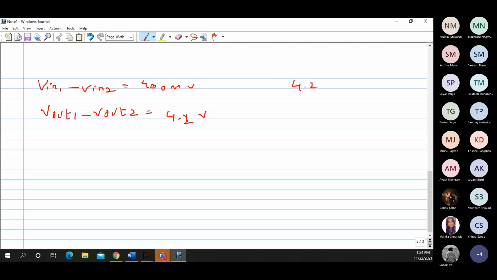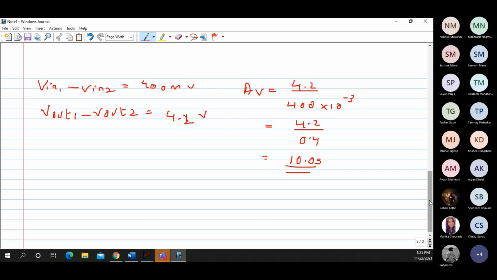So 4.2 upon 400 millivolts, that is 400 times 10 raised to minus 3, is going to be your voltage gain. That will be 4.2 upon 0.4. If you calculate this, it will be around 10.05. So this should be the gain of the amplifier. That is, the gain of the amplifier is 10.